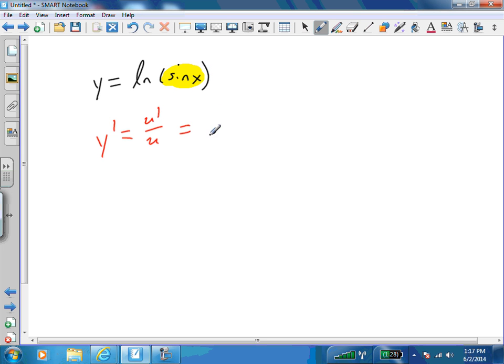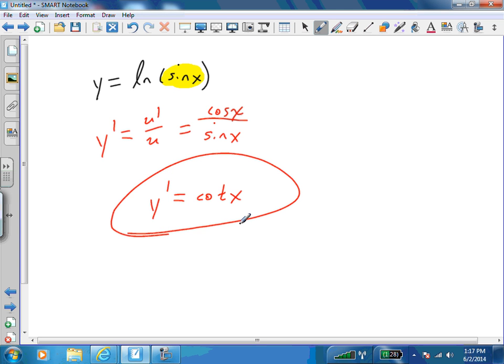So u is the sine x, that's what goes on bottom. What's the derivative of sine? Cosine. So y prime is cosine over sine. Or what's another way of simplifying cosine over sine? Cotangent. So if you can remember u prime over u, you can take the derivative of natural log.